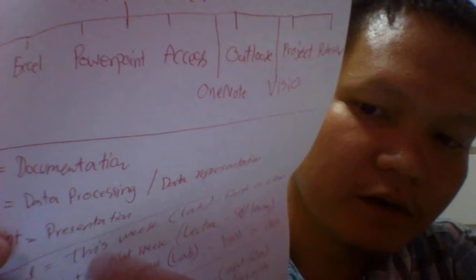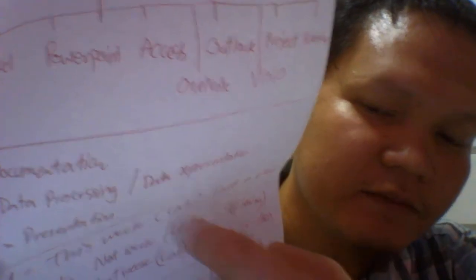Data representation means those numerical data you can plot as a graph or make a diagram out of easily in Microsoft Excel. The other one is Microsoft PowerPoint, which we use for presentation.